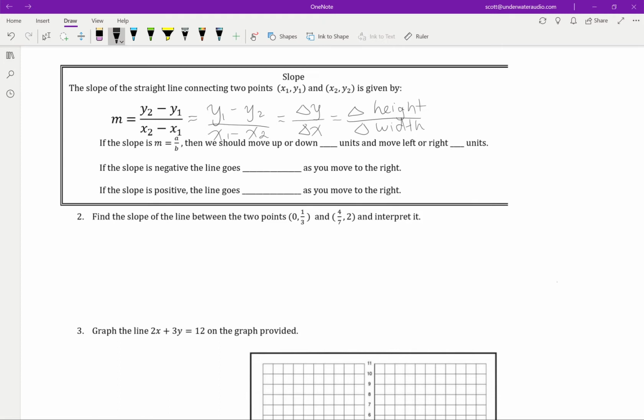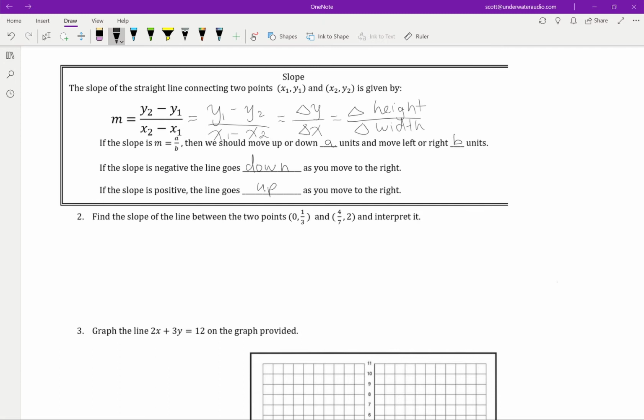Once you plug everything in and you get a fraction, if your slope is m equals a over b, that means we should move up or down a units and move left or right b units. If the slope is negative, the line goes down. If the slope is positive, the line goes up, as you move to the right.